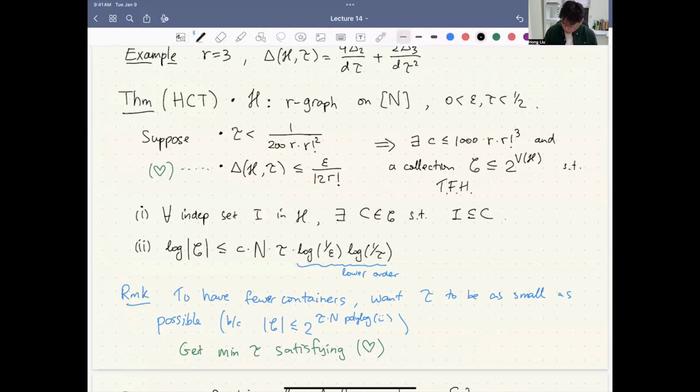So let me write here. For every container, the number of edges induced on the container is at most epsilon fraction.